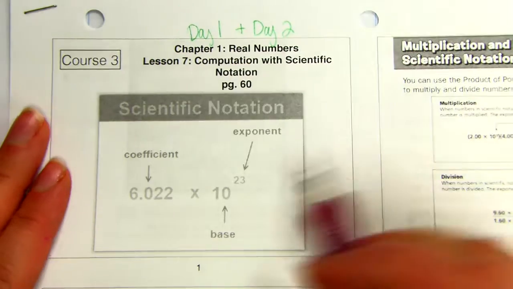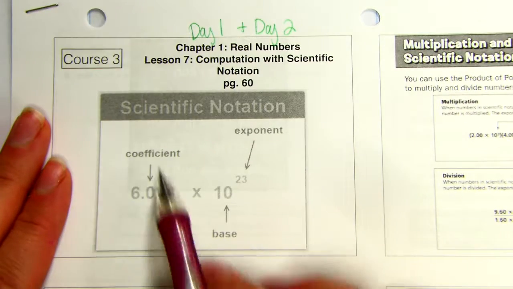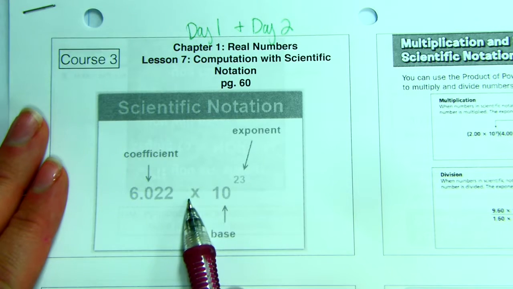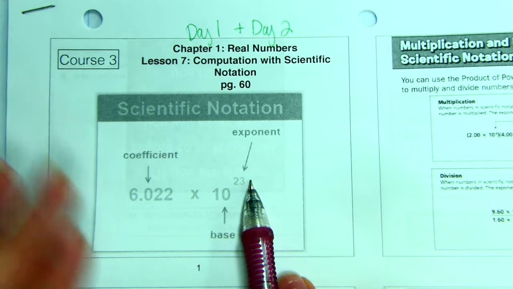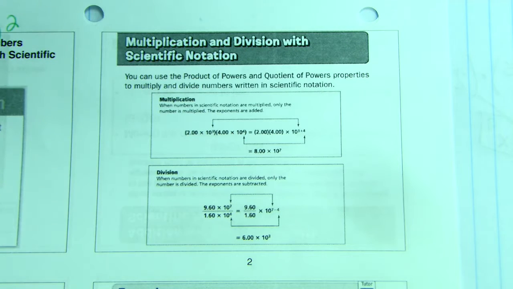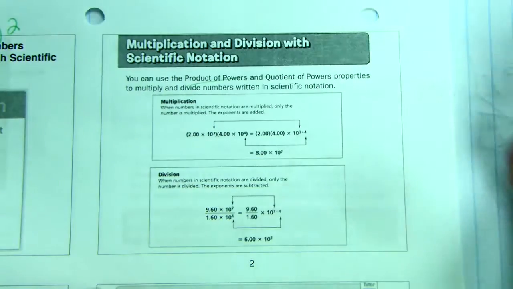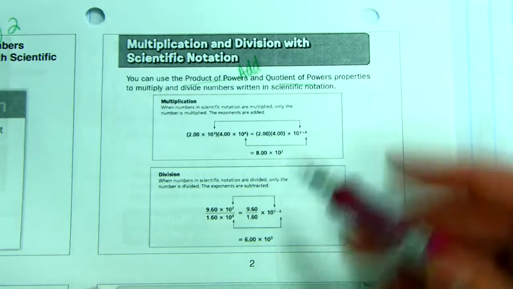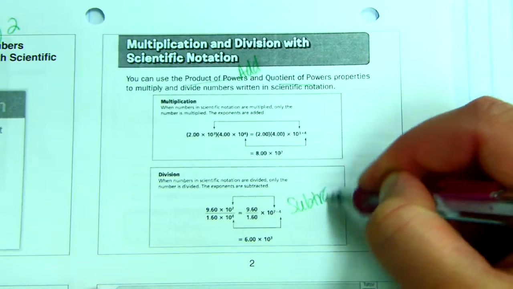So scientific notation. We have just a refresher here that we have a coefficient. This is standard where there's a number, dot number, times a base of 10 to an exponent. Multiplying and dividing with scientific notation works really slick. You get to use the same rules that we have been using: the product of powers where you add exponents, or the quotient of powers where we subtract exponents.